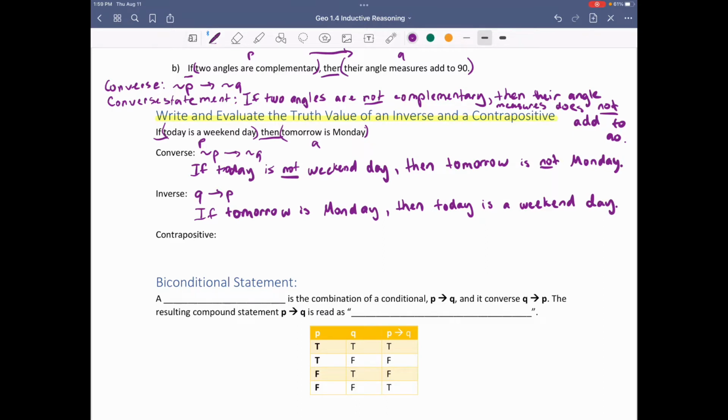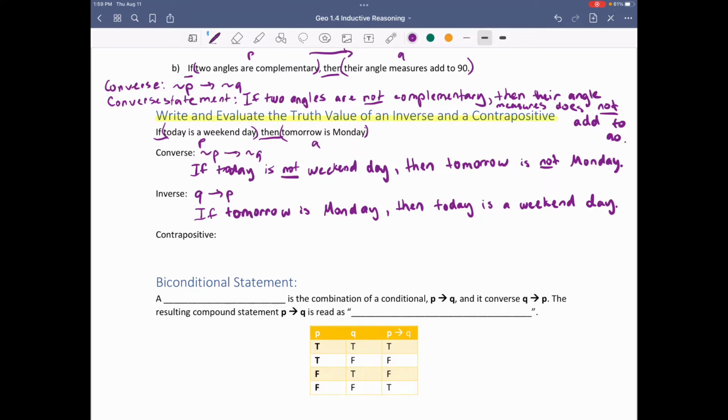And now we will be doing the contrapositive. Now, we obtain the contrapositive by definition by negating and reversing both the hypothesis and the conclusion.